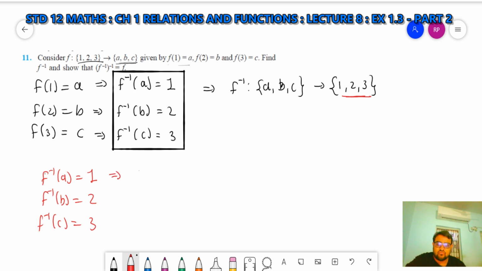So the inverse of that means F inverse of 1 will be equal to A, reverse.